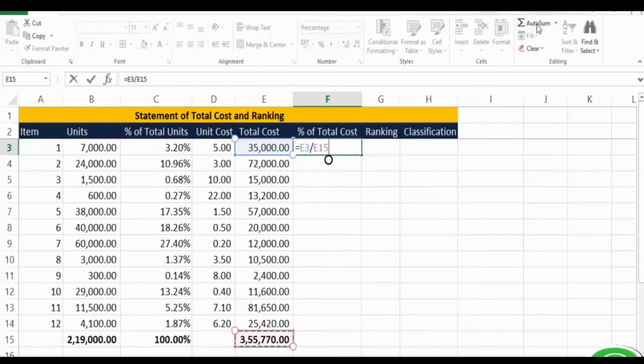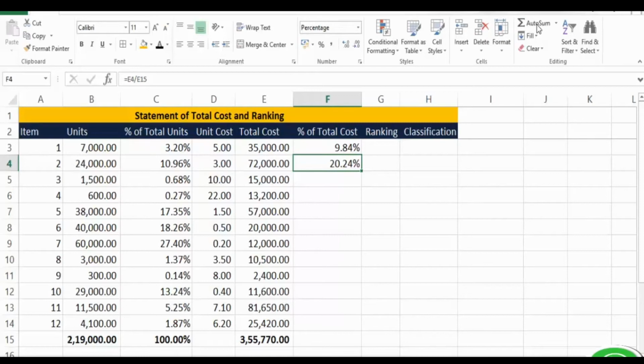When compared with total 3,55,770, this is occupying only 9.84%. Item 2, 72,000 divided by 3,55,770, it is 20.24%. Similarly, 15,000 divided by 3,55,770, it is 4.22%.